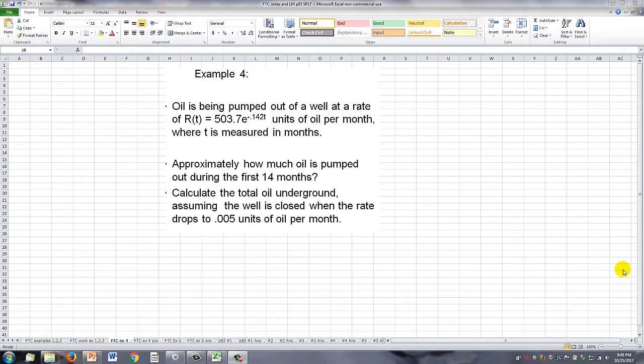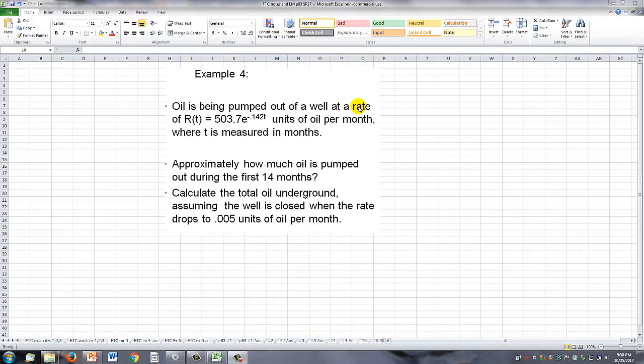Okay, so let's look at our first word problem where we're going to use the FTC method. It says oil is being pumped out of a well at a rate of R of t equals 503.7 e to the negative 0.142 t units of oil per month, where t is measured in months.